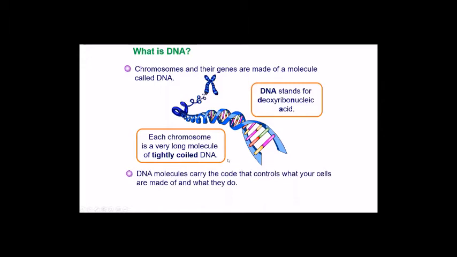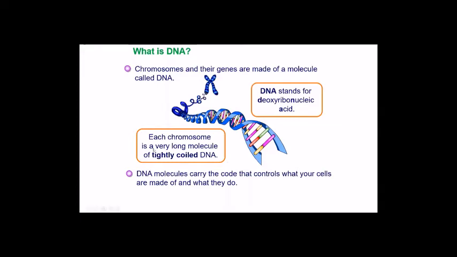Basically what DNA does is it carries a code that controls what your body builds in terms of your characteristics. So is it going to build the pigments that give you brown eyes, or the pigments that give you blue eyes, or the pigments that give you freckles?